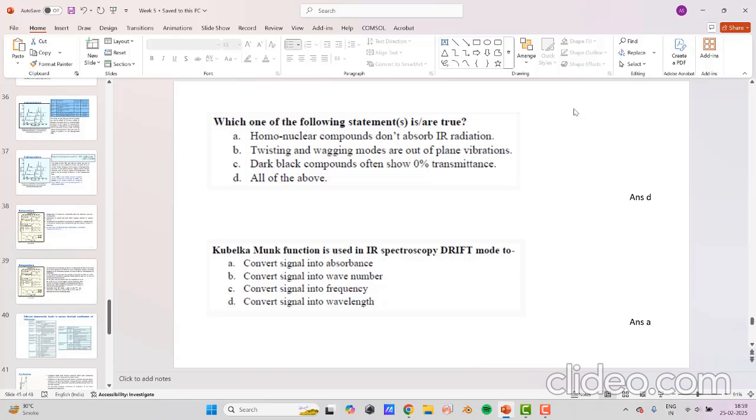So if a molecule has two similar atoms, absorption will not happen because the dipole moment is not changing. Basically, it does not absorb any IR radiation. That is what I want to say.